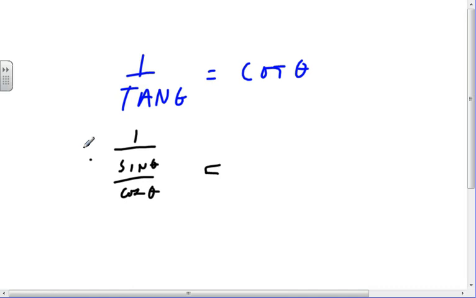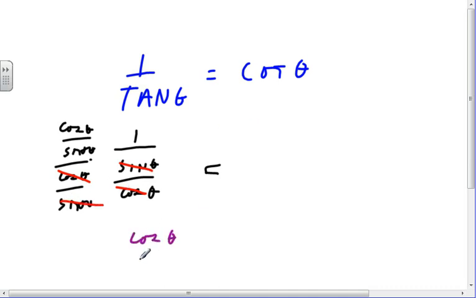And then I'm going to multiply both sides by cosine over sine, cross out those cosines and sines, and write down cosine theta over sine theta is equal to cotangent theta. Done, check.